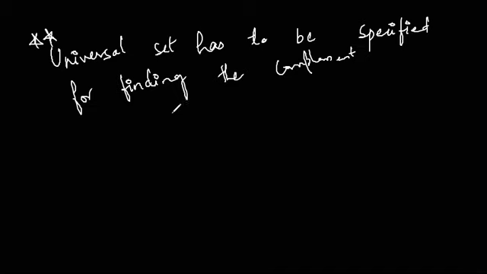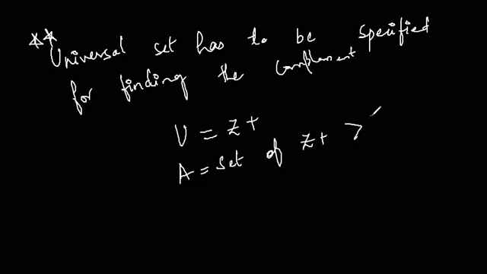In this case, U is the set of all positive integers, and A is the set of positive integers greater than 10.